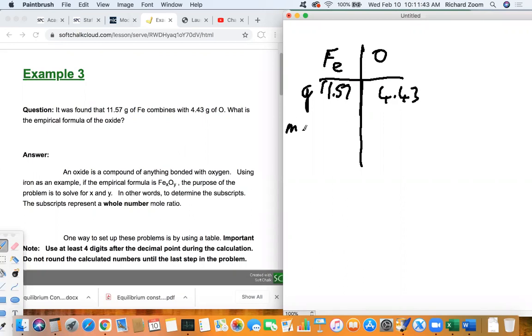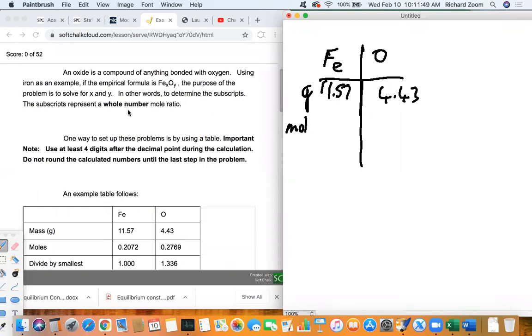The next thing we want to do is find the moles. And the way we do that is we divide by the atomic mass of the element that we're working with. So for the first one, 11.57 grams of Fe, that's going to be multiplied by 1 mole of Fe over 55.85 grams of Fe.